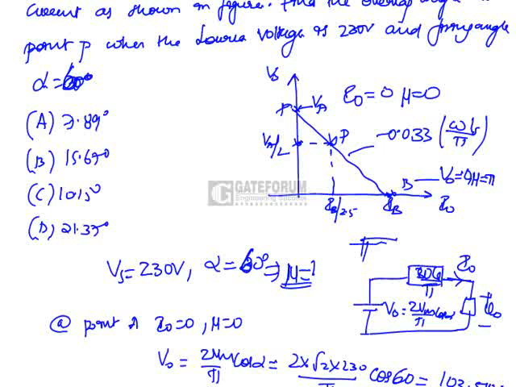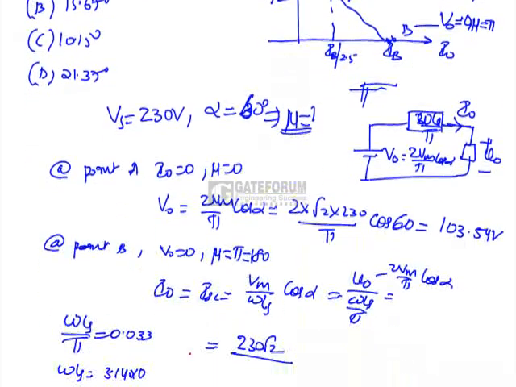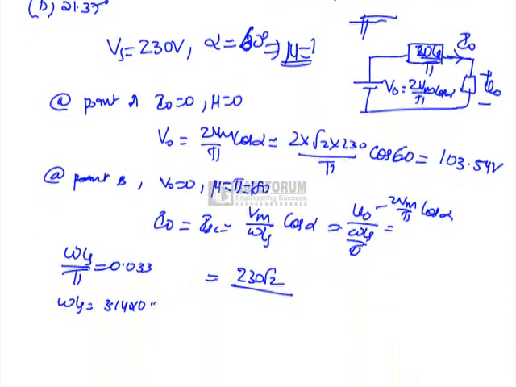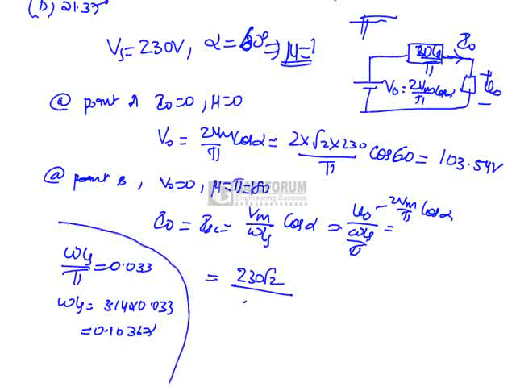It is 3.14 into 0.033, which gives 0.10367. Substituting this value with cos 60, the short circuit current is 1568.73 amperes.